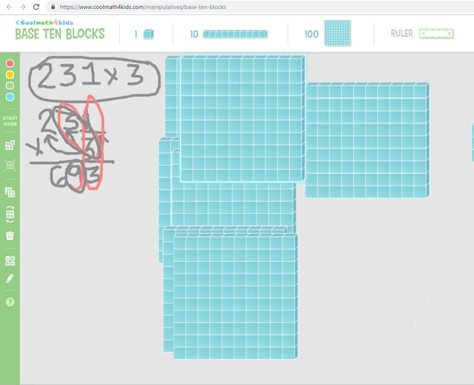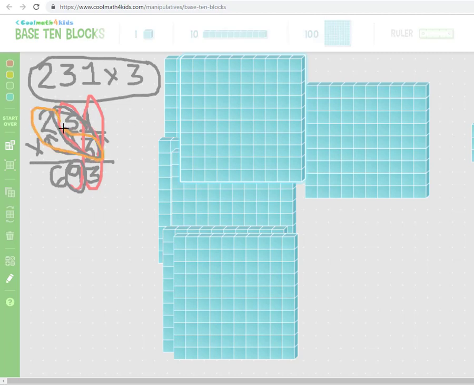Once again, let's bust out another color for that. 200s happening 3 times as well gives me 600s. And that is how I end up with the number 693, because I was repeating the entire number, all of the digits within the number, the ones, the tens, and the hundreds, all got multiplied by 3.